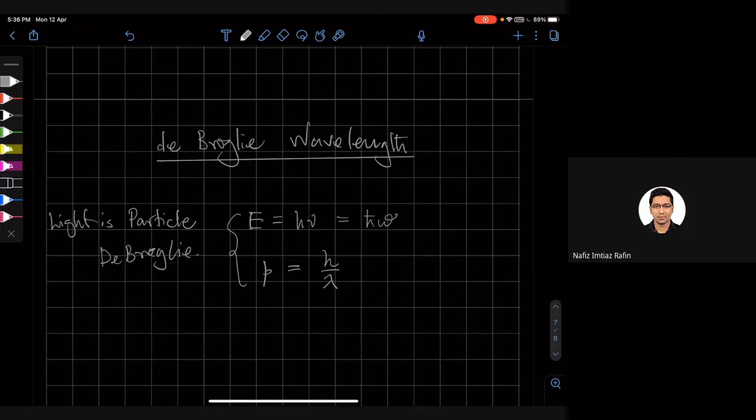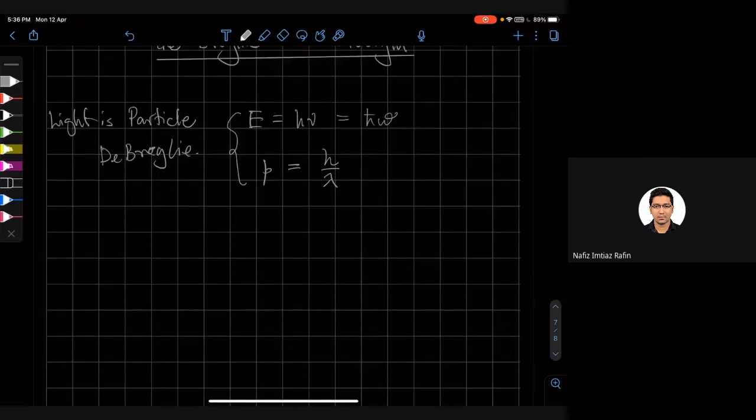Right. So the idea was that, suppose you have a proton traveling in this direction, as a quantum.